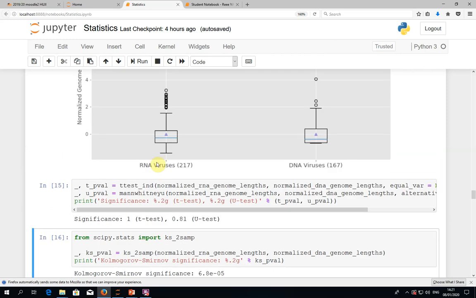So even though we normalized them, they still have different distributions, and now we have a statistical analysis which proves it. Of course, the downside is, like I mentioned, that Kolmogorov-Smirnov is not very helpful in an intuitive way. So we can say that it's not perfectly the same distribution, but how exactly do the distributions differ? It's quite hard to tell. We only know that they aren't exactly the same.